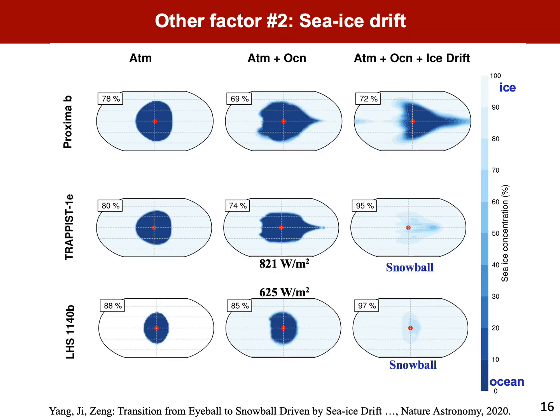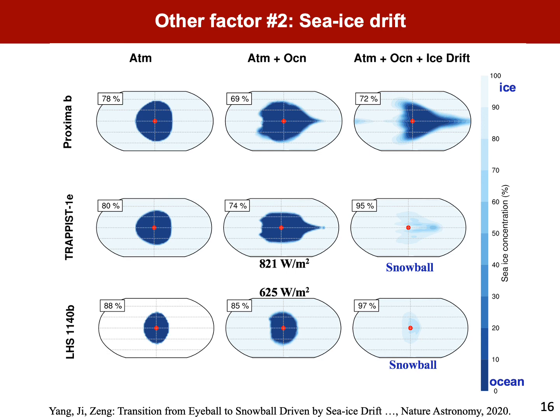Another effect is sea ice drift. Because of the winds, the sea ice can flow from the night side to the day side, so it can influence the climate. This figure shows the simulation of 3 planets under 3 types of simulations: atmosphere only, atmosphere plus ocean, and atmosphere plus ocean plus sea ice drift.